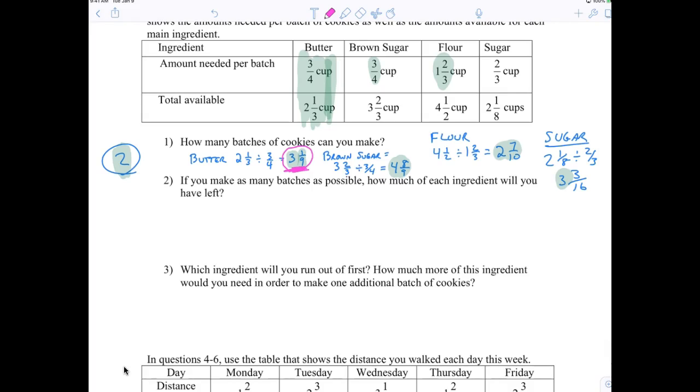3/4 times 2 is 2 batches. You subtract that and do half of that. Well, if you could reduce 6/4 properly, what did you say 6/4 was?